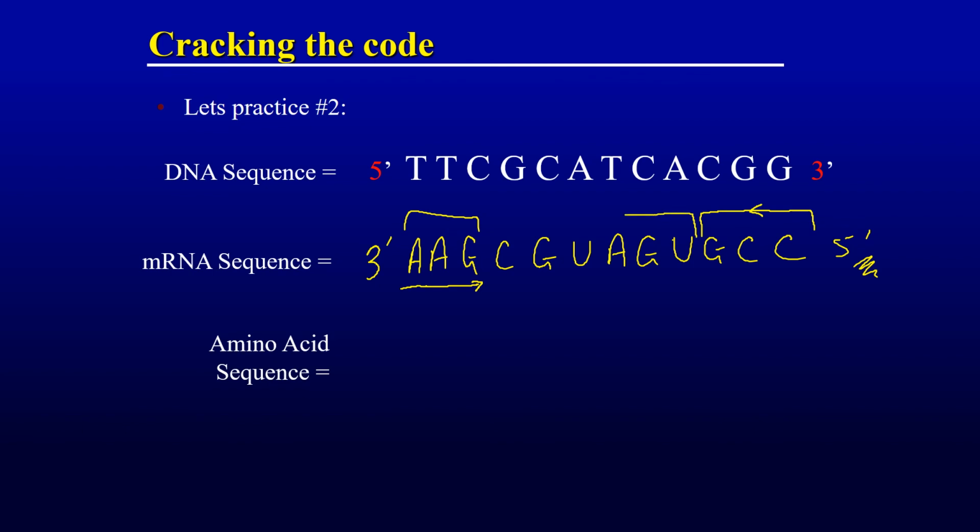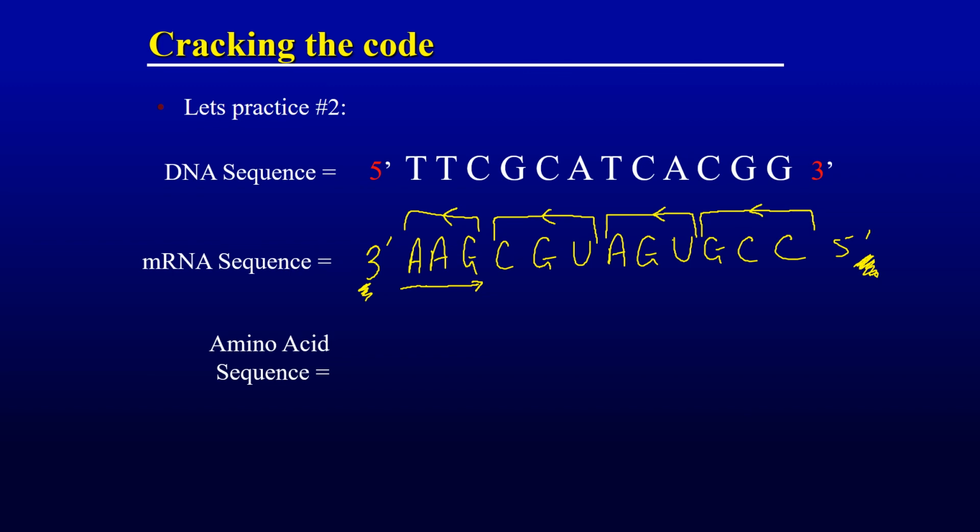Then this is our second codon, and we read it in that direction. Then this is our third codon, and this would be our fourth codon read in that direction, because the table reads the codons in the 5' to 3' direction.